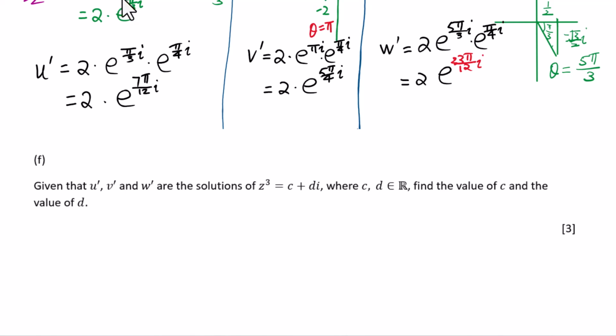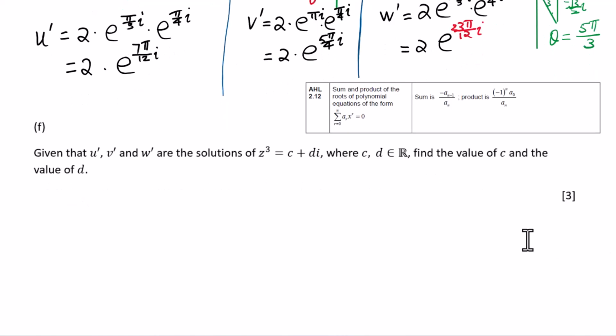Let's go to F. Given that u prime, v prime, and w prime are the solutions of z to the third power equals c plus di, where c, d are real numbers, find the value of c and the value of d. Remember, whenever we are dealing with roots, we have to use the sum and product of the roots of polynomial equations. z to the third power minus c minus di equals 0.